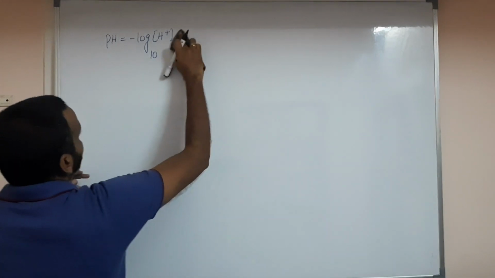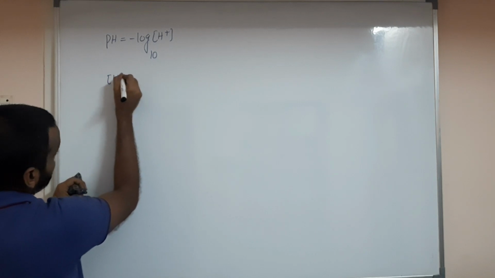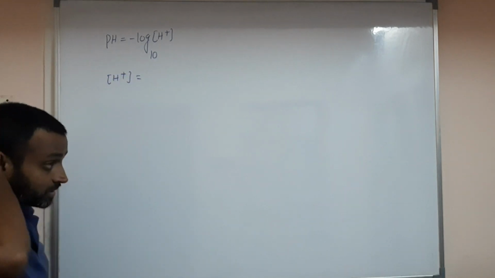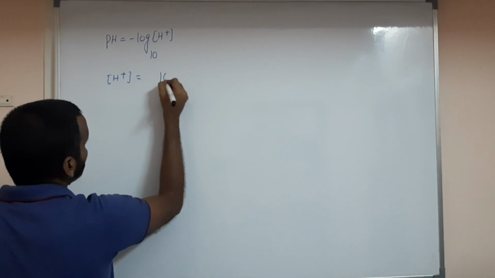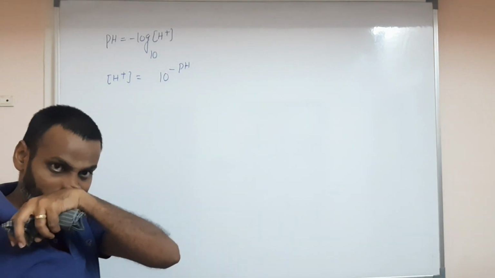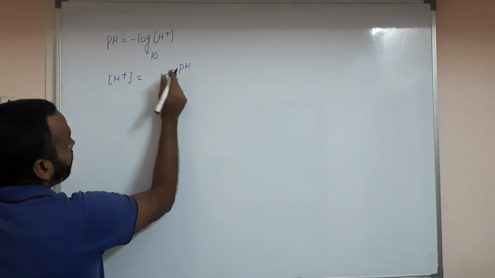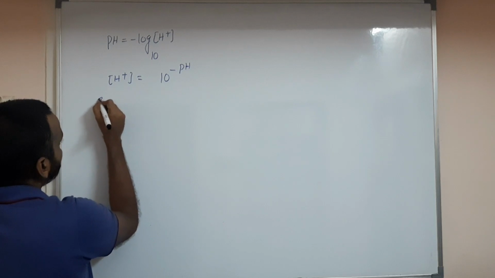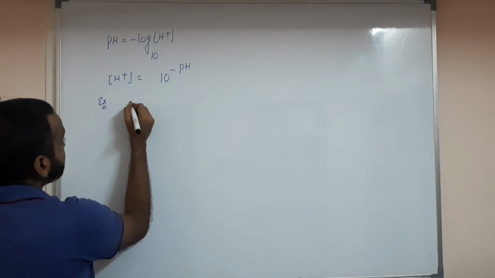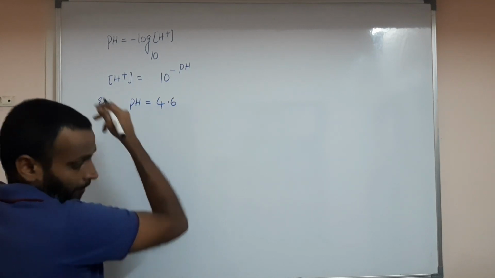So pH is minus log concentration of H plus. If they ask for the concentration of H plus, I told you it is 10 power minus pH, right? Suppose, with an example, pH is 4.6.